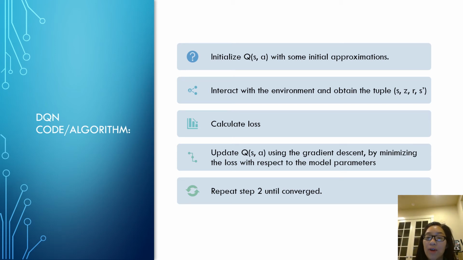It interacts with the environment and obtains the tuple of state, action, reward, and the next state. It calculates the loss. It updates action value functions using gradient descent by minimizing the loss with respect to the model parameters, or the weights, and it repeats step 2 until the weights converge to a single number.